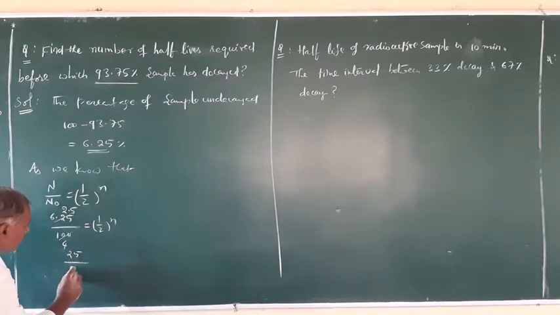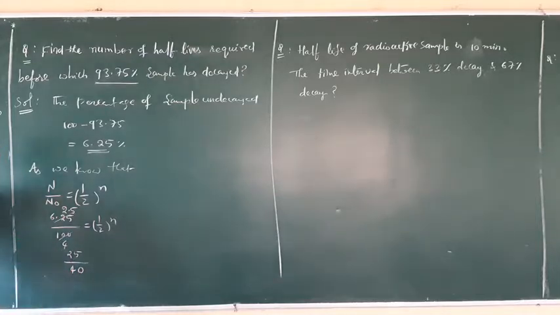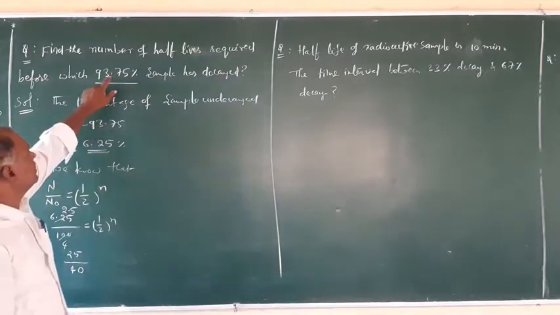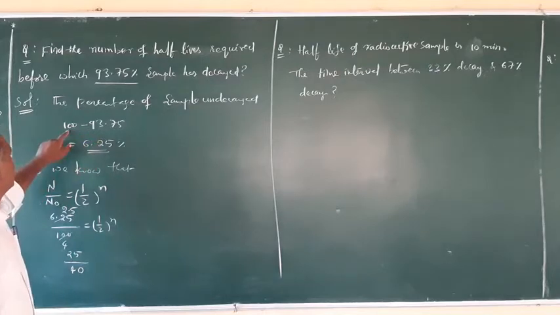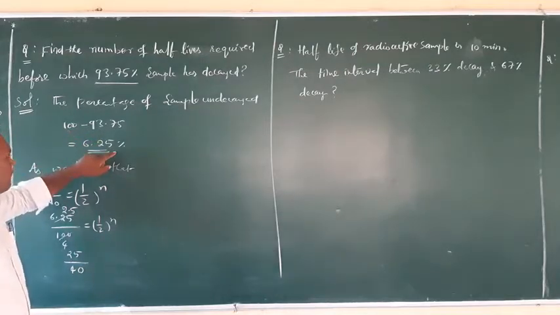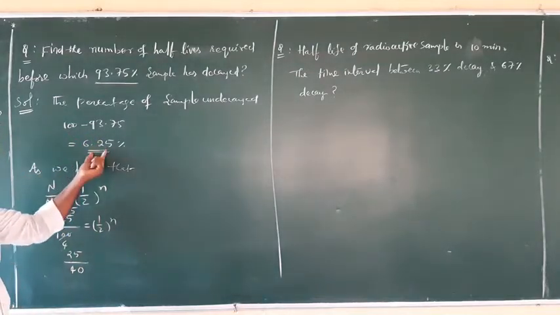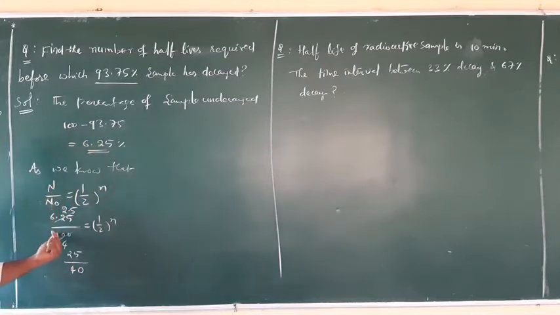This is the undecayed part: this much percentage of the sample is undecayed, which is 6.25%. So this ratio we can easily put by removing the decimal and putting one more 100. 25 into 25, and here 25, 25 again 4.